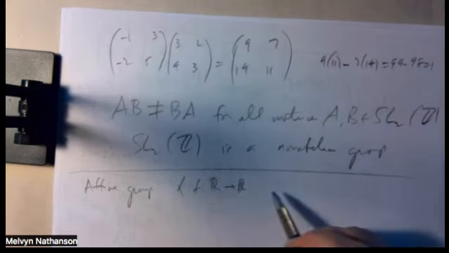And let's look at composition of functions as our binary operation. So suppose f of x is ax plus b, and g of x is cx plus d, where a and c are non-zero. So what is f composed with g of x?